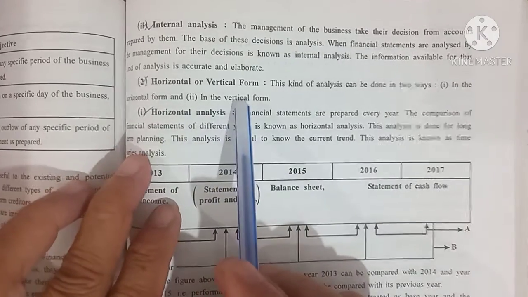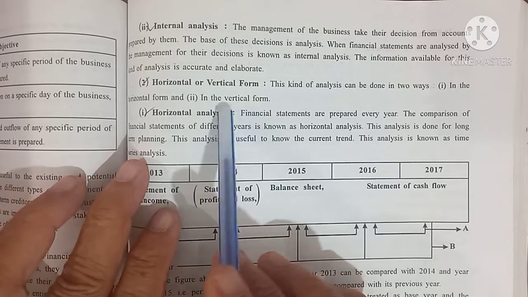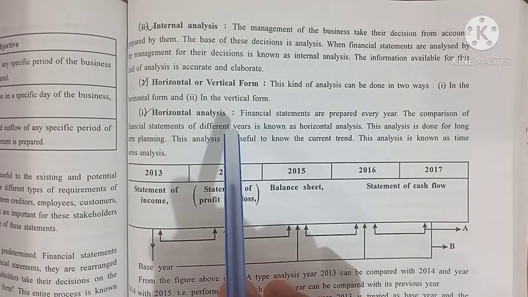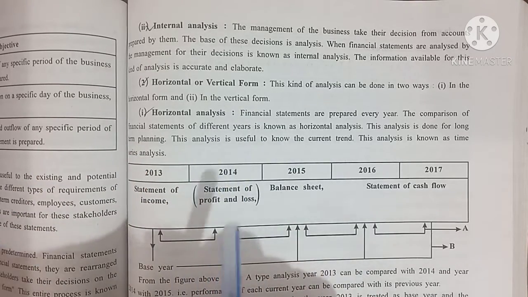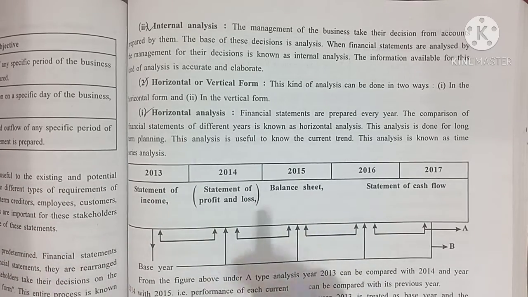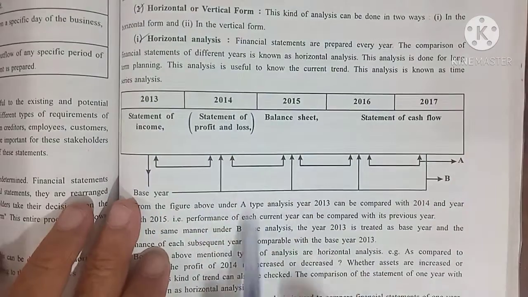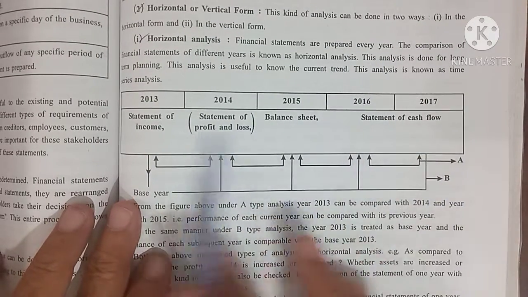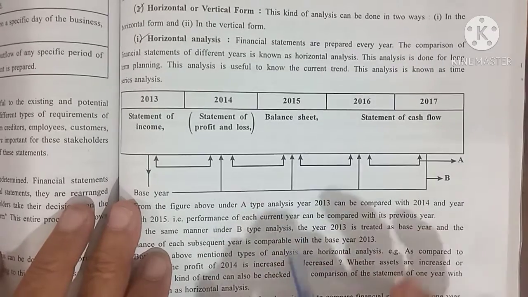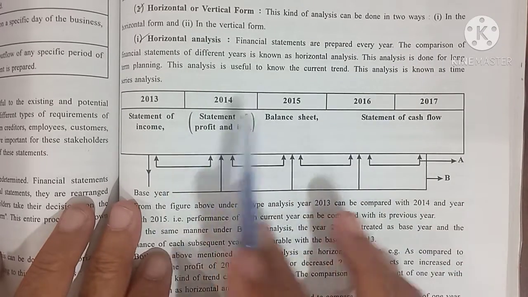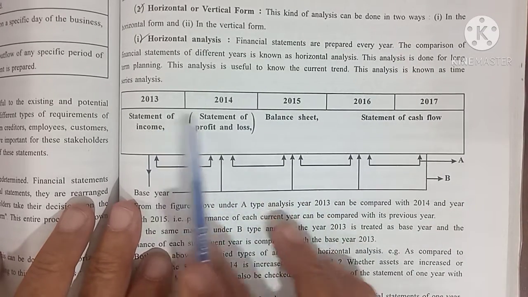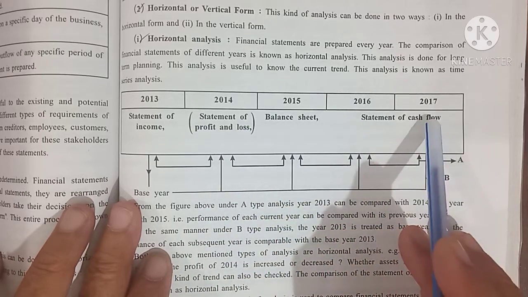Horizontal or vertical form: all of you know the meaning. There are two types, horizontal and vertical. Row-wise is called horizontal and column-wise is called vertical. This is a row: 2013, 14, 15, 16, 17.